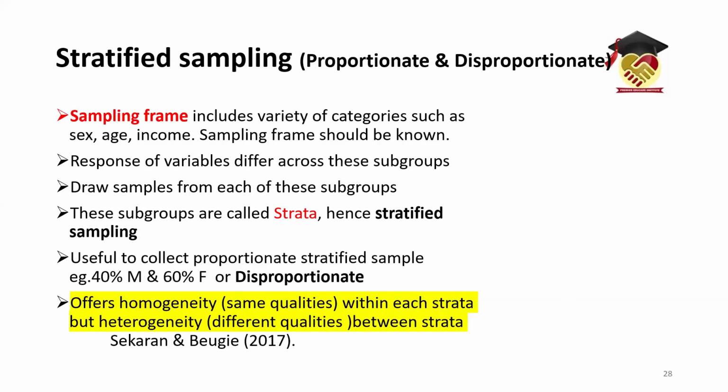Then it is different. That is the next case. But in this case, in one group or one stratum, you have the same quality, that is called homogeneity. So this is good. That is why I told you this is the most reliable probability sampling technique out of all we discussed today, according to Sekaran and Bougie.